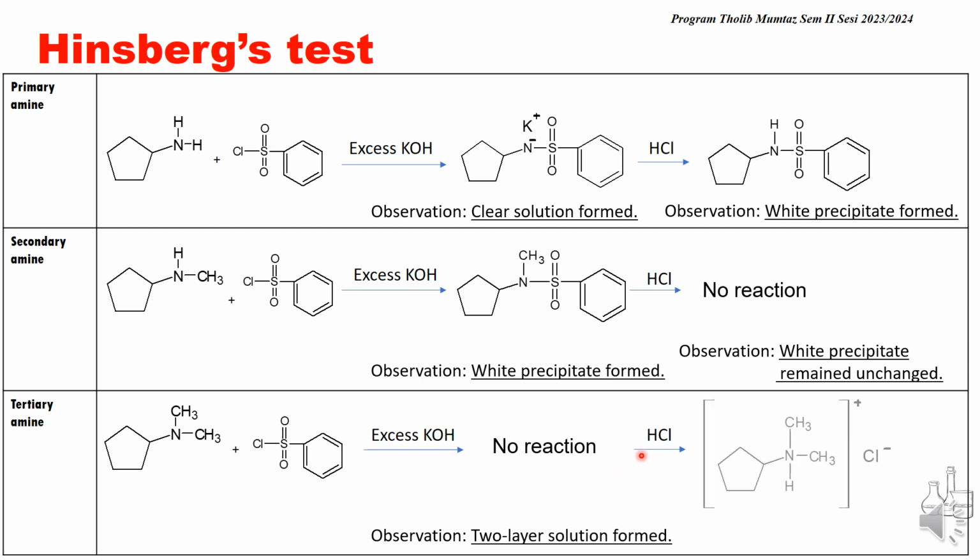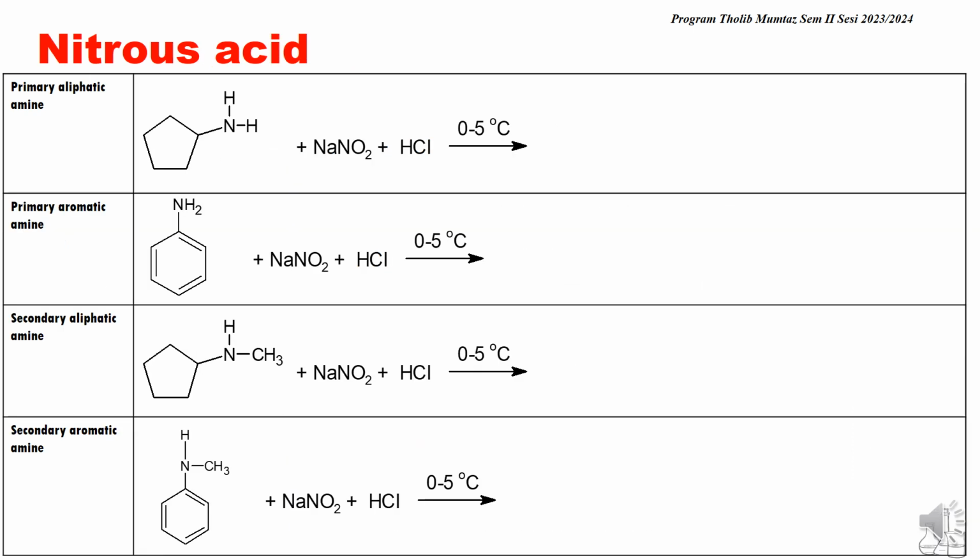However, in the next step, upon acidification with HCl, the structure will form an ionic compound, where the tertiary nitrogen will have hydrogen attached to it, which makes the nitrogen a positive charge, and it is balanced by Cl minus. So this ionic compound should be observed as clear solution formed.